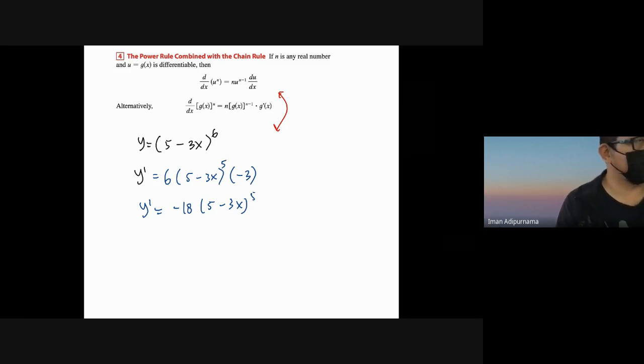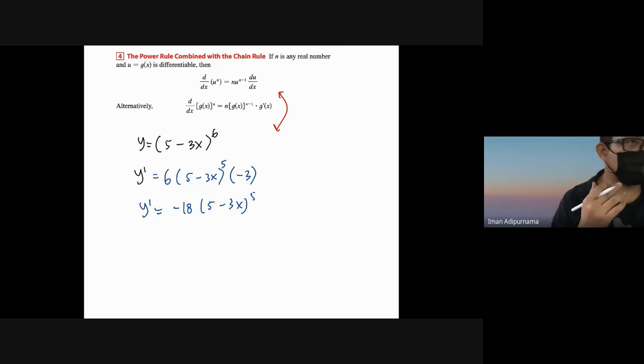So I don't really want you to memorize all the formulas, symbols or terms. At least you know the very basic foundation of the derivative.